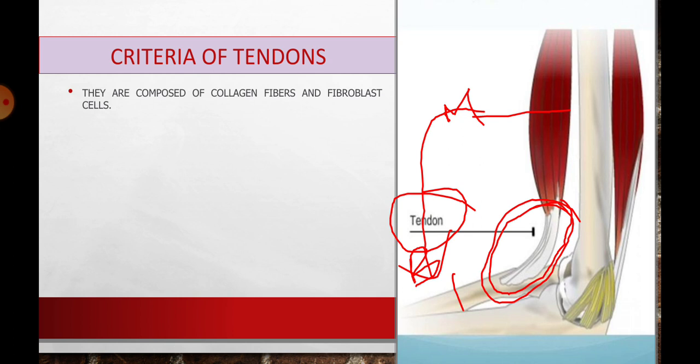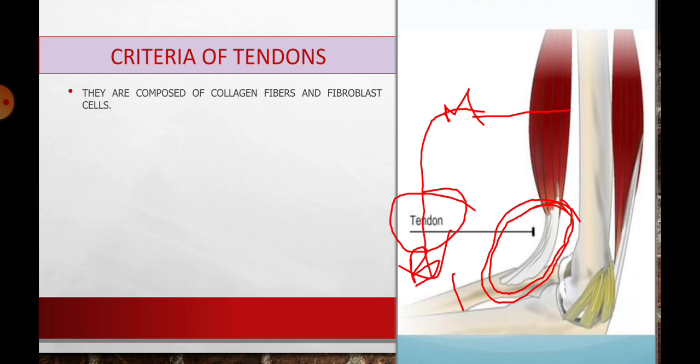And tendons are composed of collagen fibers and fibroblast cells. Collagen is one kind of protein, and collagen proteins are avascular. Avascular, that means there is no blood flow.